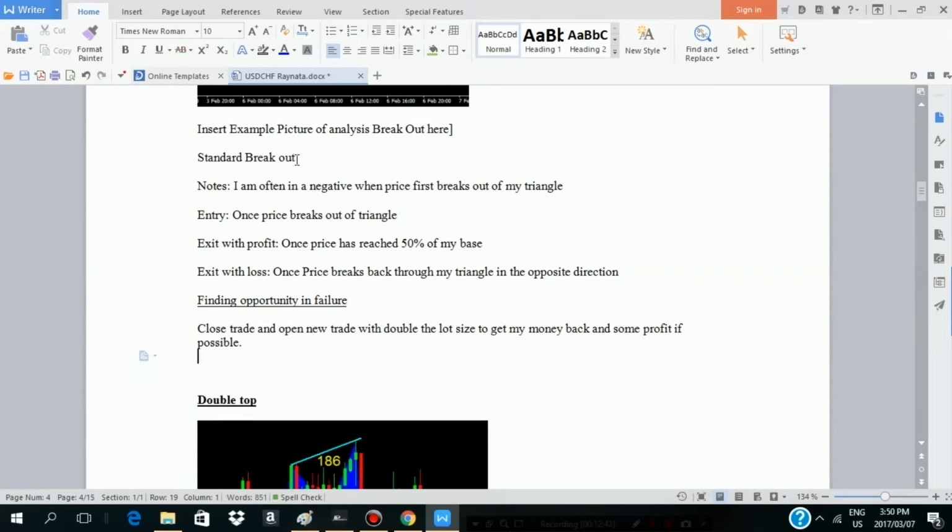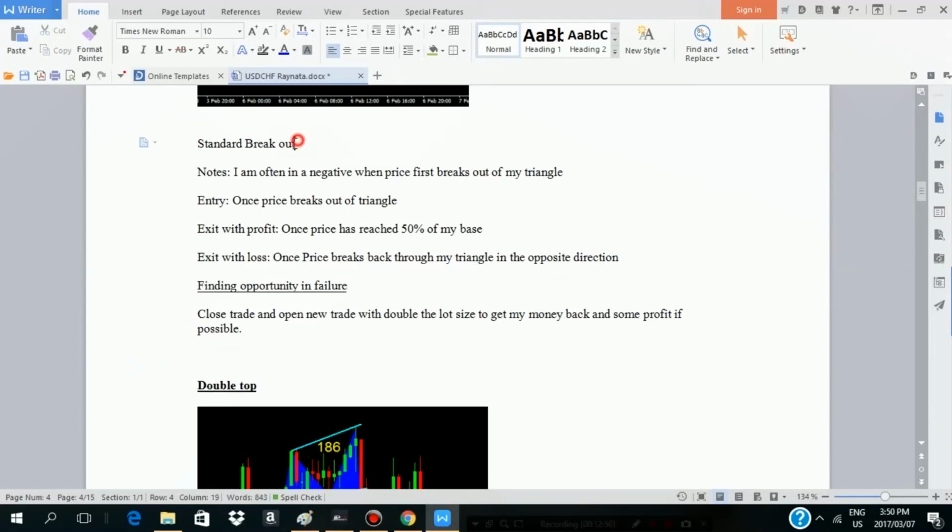Now, this is your strategy. You know how you are going to deal with your triangles when they break out of the market. You know how you're going to take advantage of the opportunity because you have studied this currency pair.